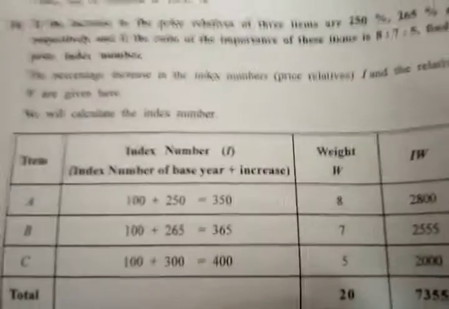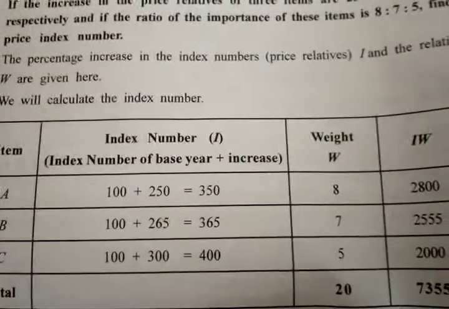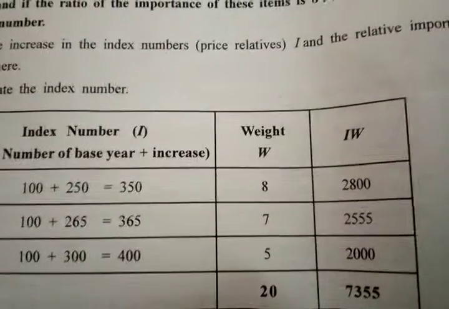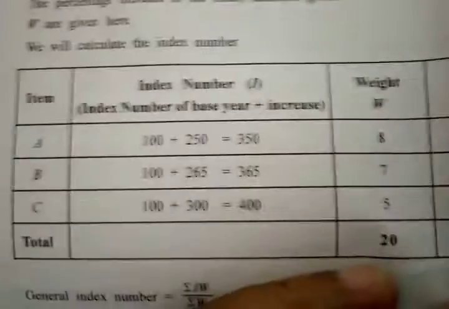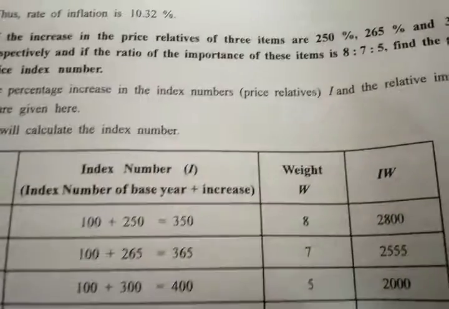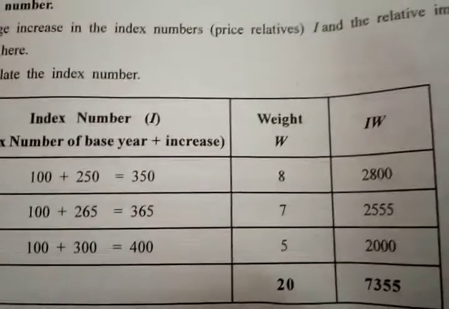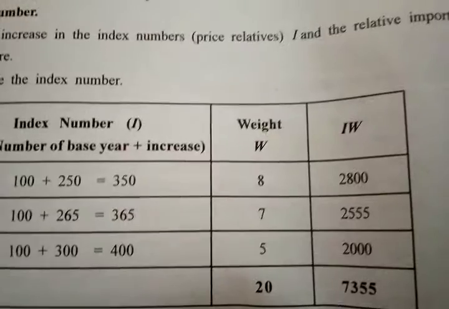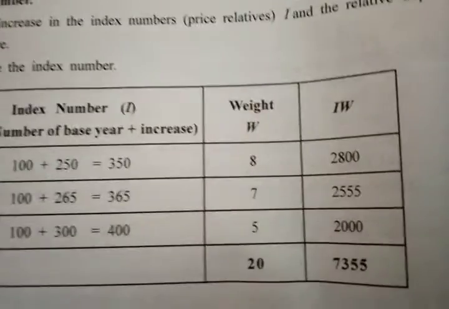Similarly for B, the increase is 265%. So 100 plus 265 is 365. That is weight multiplied, 2555. And for item C, the increase is 300%. Therefore 100 plus 300 is 400 and weight is 5. So IW is 2000. So 7355 is the value.